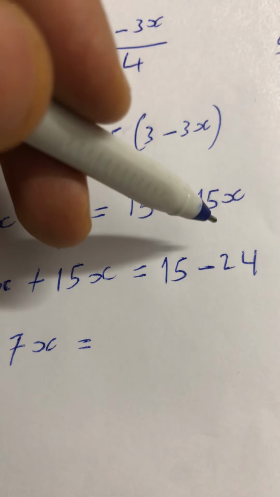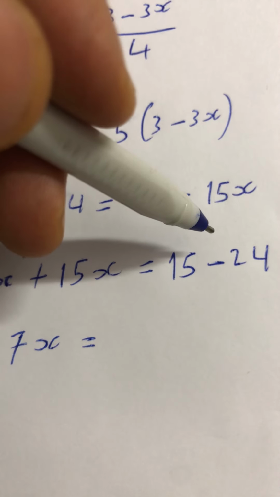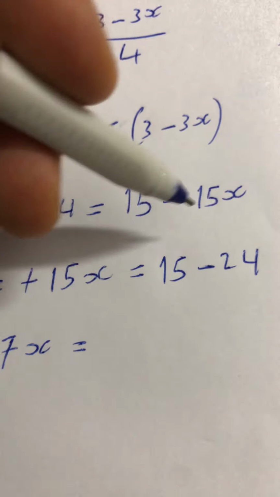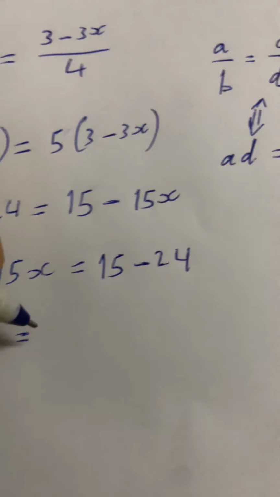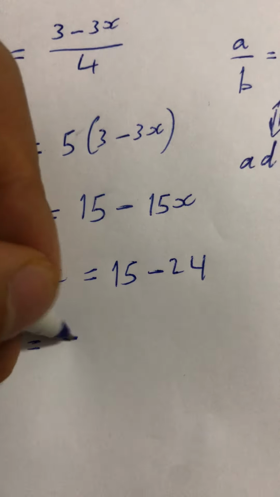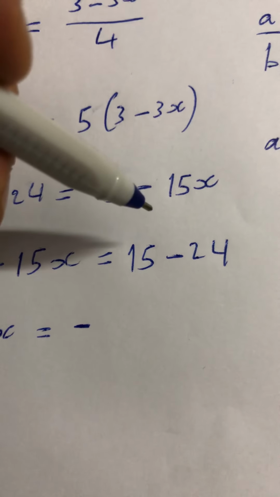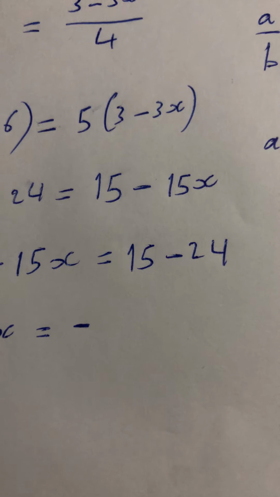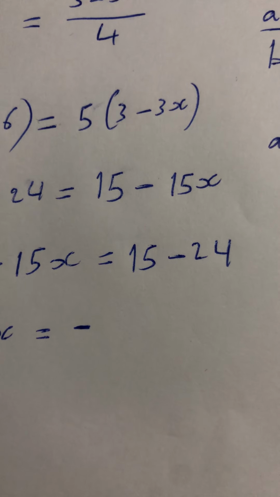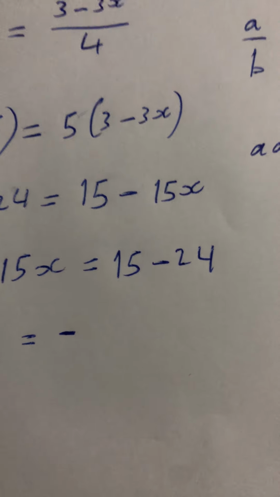We can use 24 minus 15, and then make your minus, because this is a negative number. Okay, this is negative. Then you calculate 24 minus 15. It will be 9, minus 9.